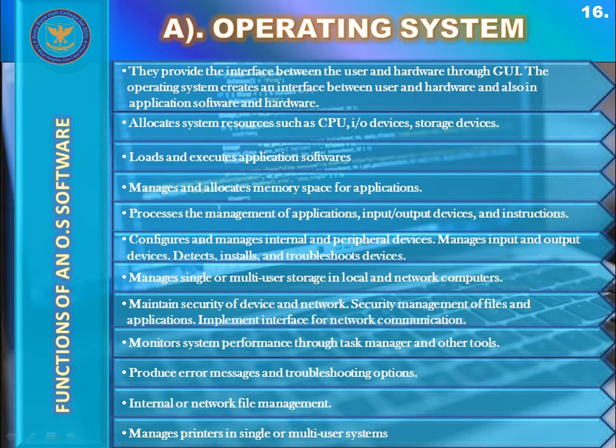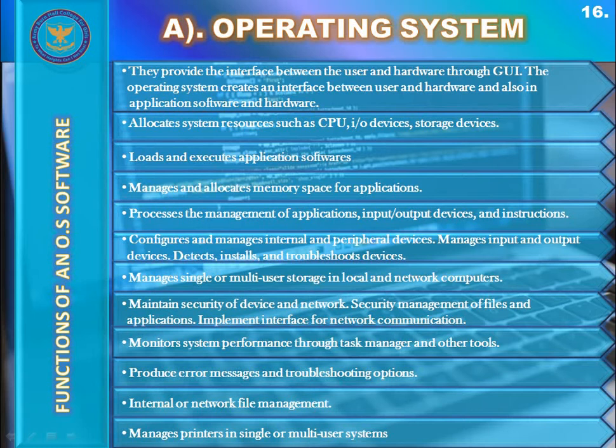Let's suppose your hard disk has been filled, it's fully occupied, your hard disk is left with no more space. So the operating system would generate a message. It would display an error message on your screen that kindly free up some space in your hard disk because your hard disk is fully occupied.